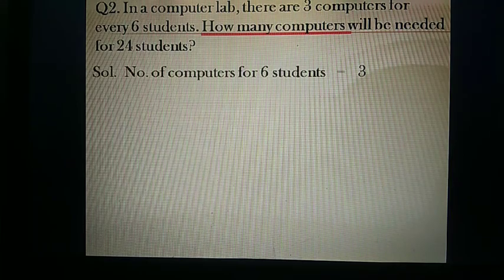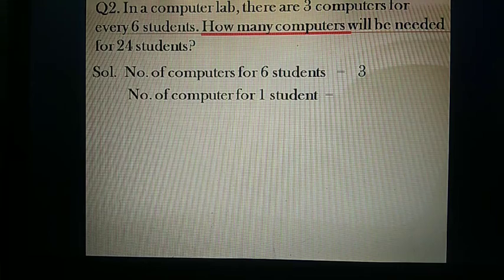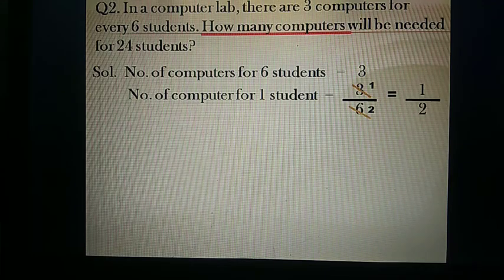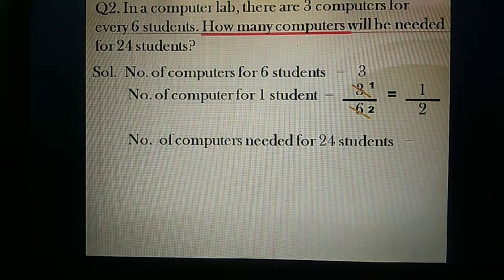So first, we will write number of computers for 6 students is 3. From 6, we will go to 1. We will divide 3 by 6. Converting into simplest form, 3 ones are 3, 3 twos are 6. That is 1 upon 2. Next, number of computer needed for 24 students will be, now computer for 1 is clear.